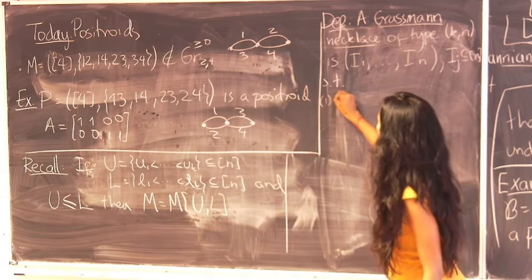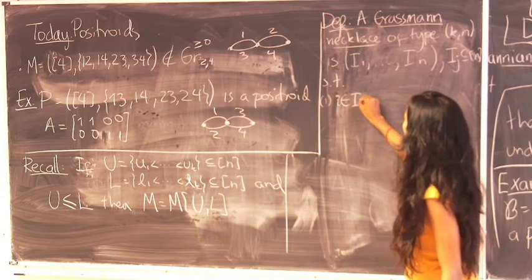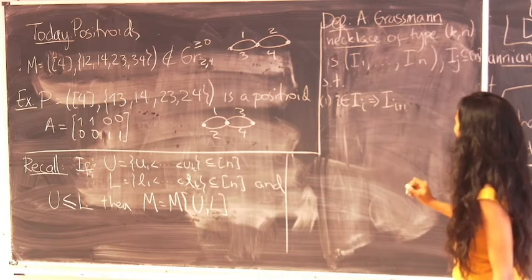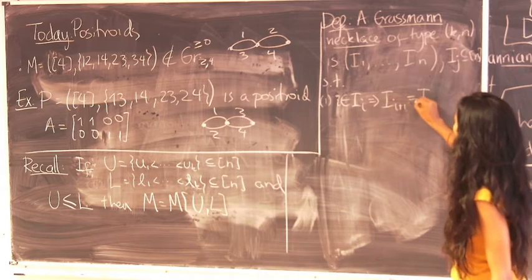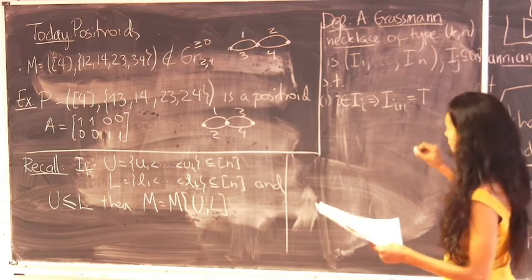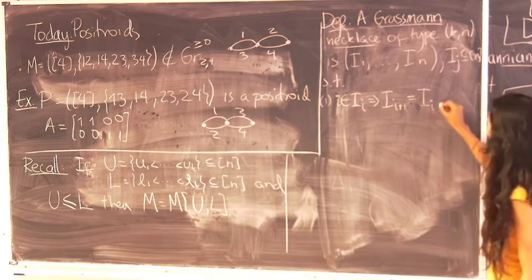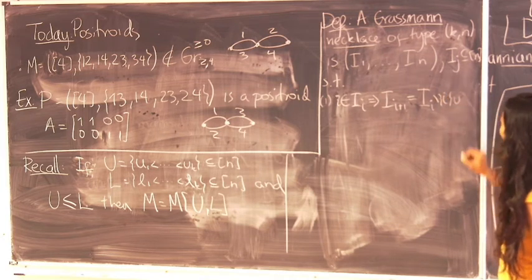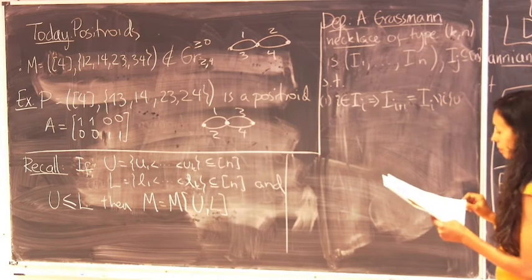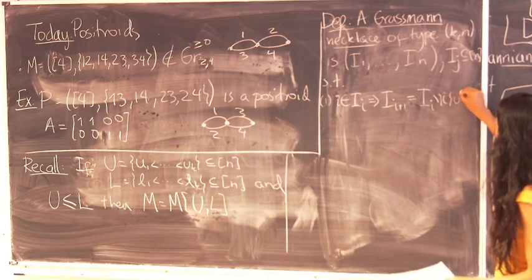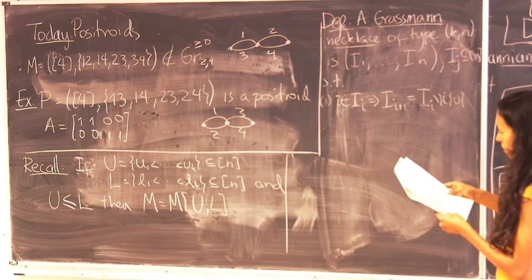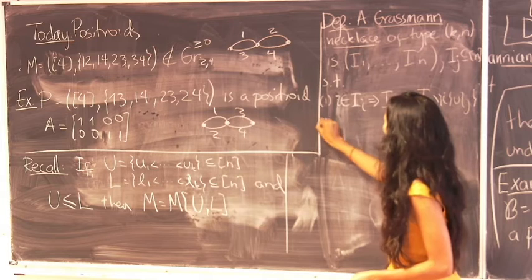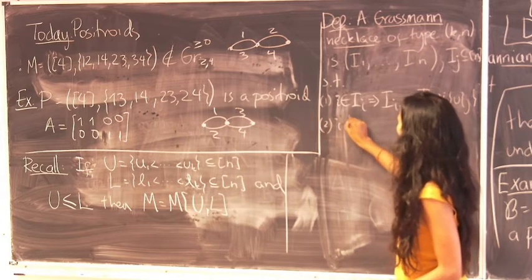So i in I sub i implies that the next one, I sub i plus 1, equals it without i, union some j, and 2. So basically there are two situations.